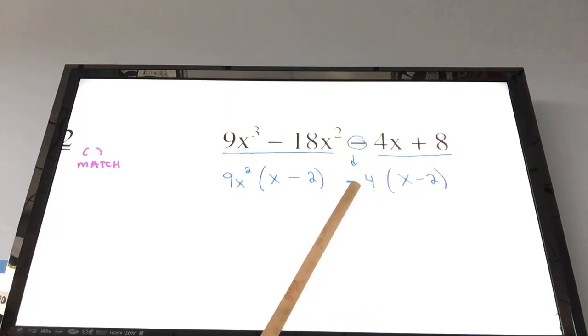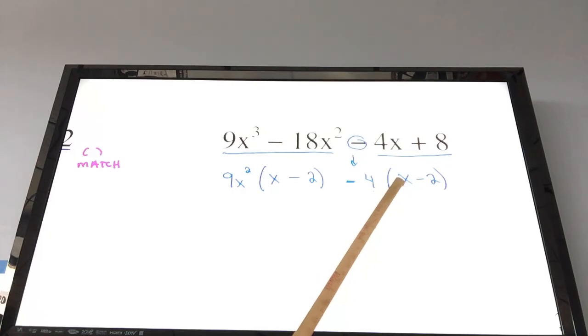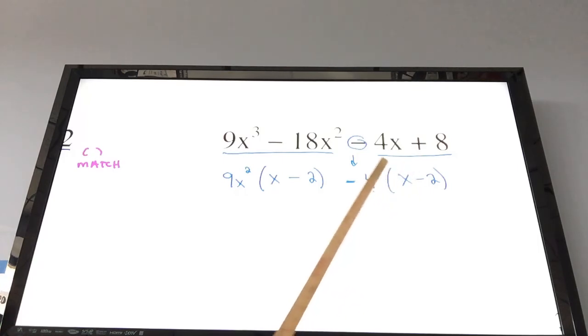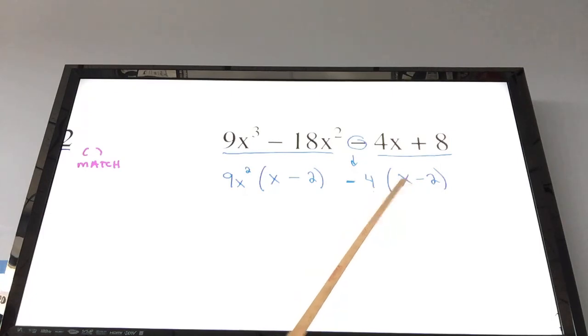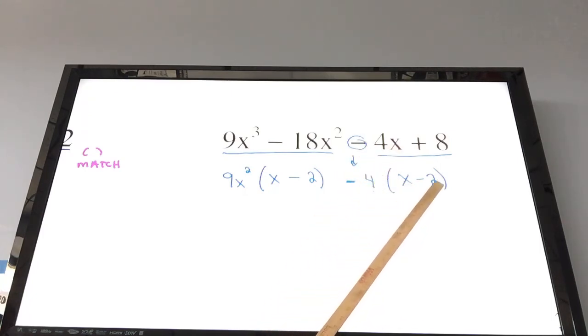So when I divided into this first term, this term became positive. And when I divided into the second term, that term became negative. If you're not sure, mentally do the redistribution. Negative 4 times x, negative 4x. Negative 4 times negative 2, positive 8.